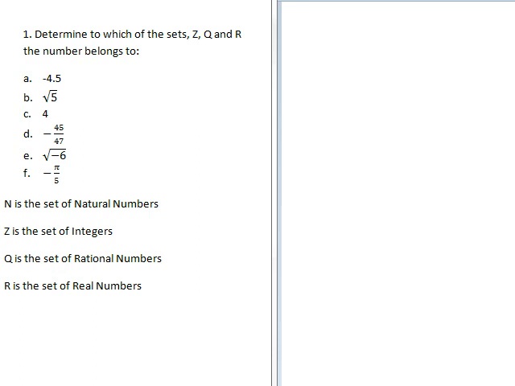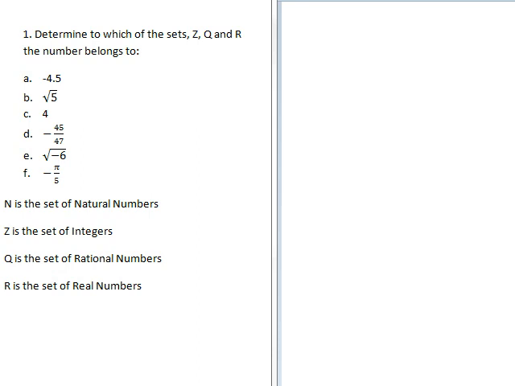So the first one we'll take a look at is minus 4.5. What sets does minus 4.5 belong to? Is it in the set 1, 2, 3, etc. on up to infinity? No, it's a negative number, so that means it's not a natural number.